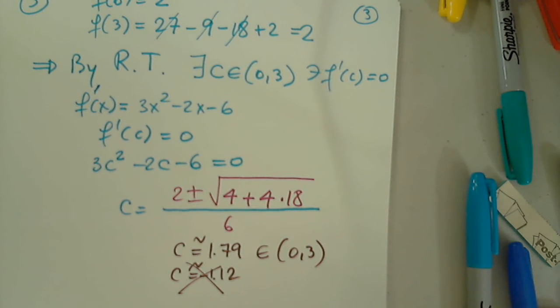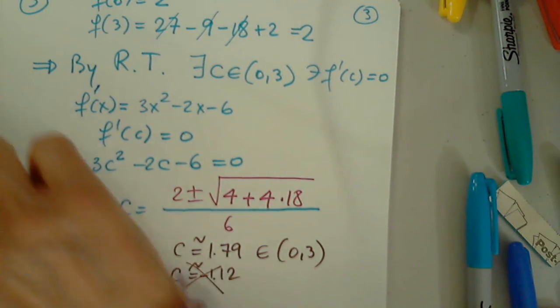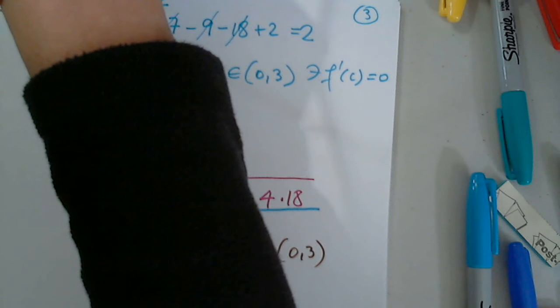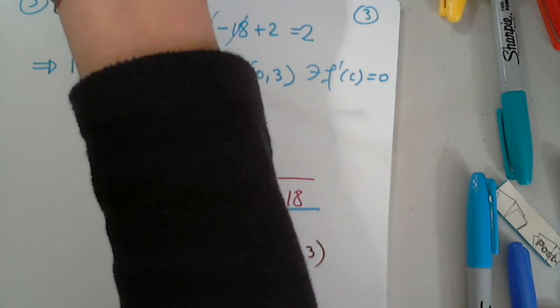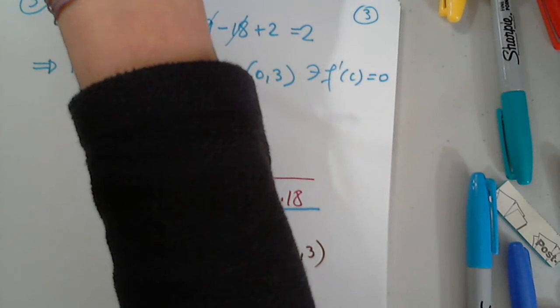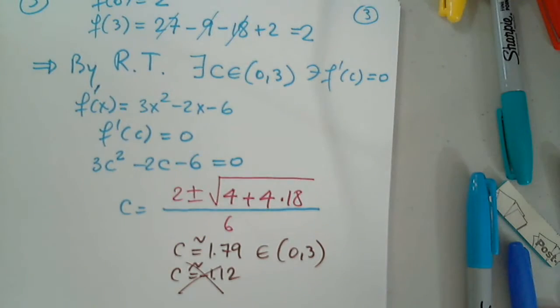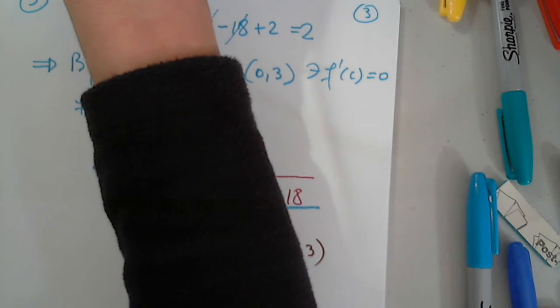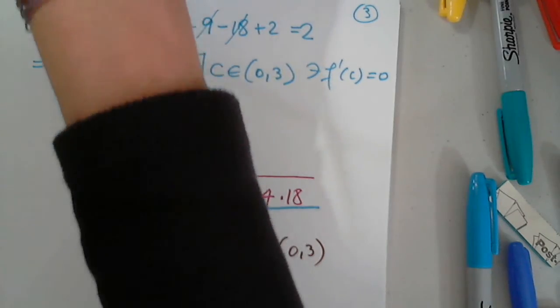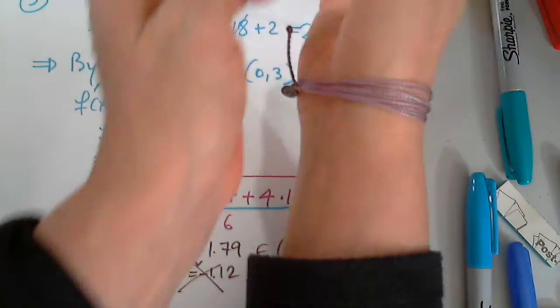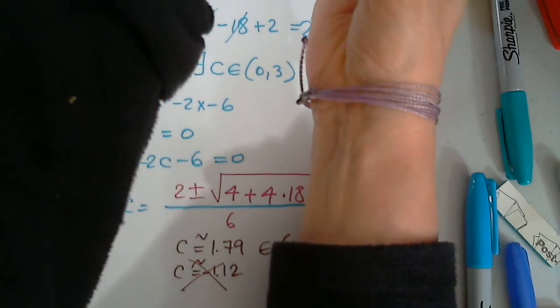The camera's still off. Every time I touch something here, the camera goes off. Sorry about that. What is going on?